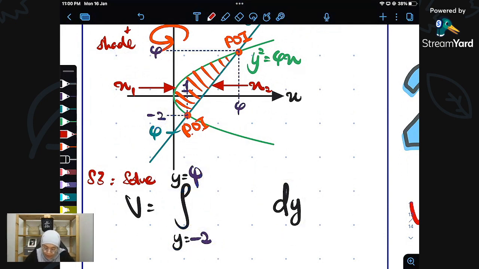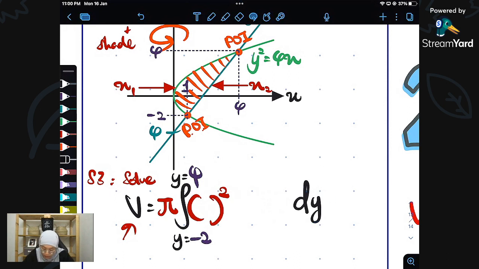And so dalam ni apa dia? What else do we need for volume? So for volume, we must have a pi, and then we must have a squared. Tapi squared ni mestilah di dua bahagian. Di dua bahagian apa? Di dua function. Since we have two functions, we have two graphs. Satu graph, maksud saya, adalah satu graph yang ini, satu lagi yang ini, betul tak?